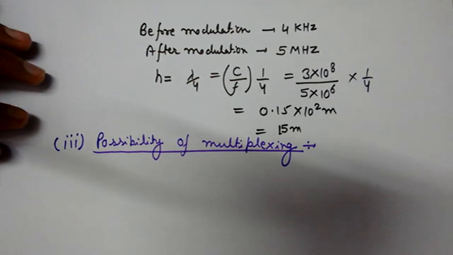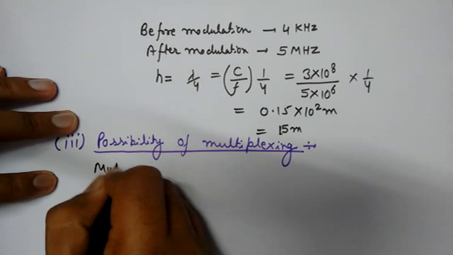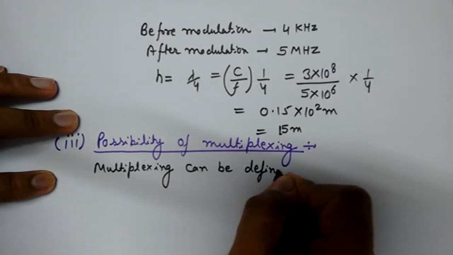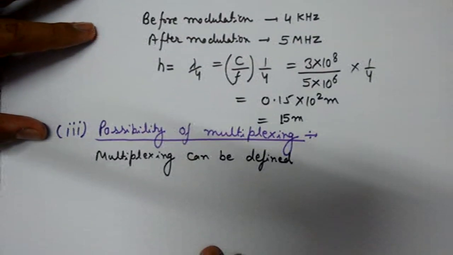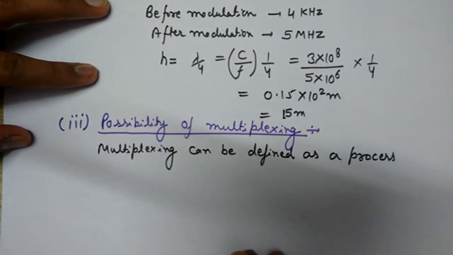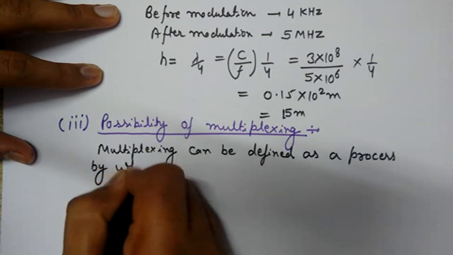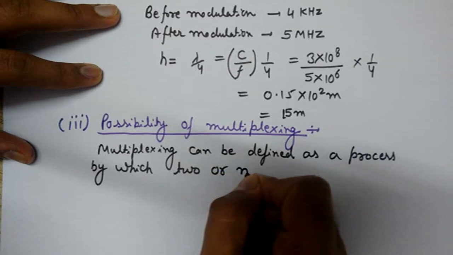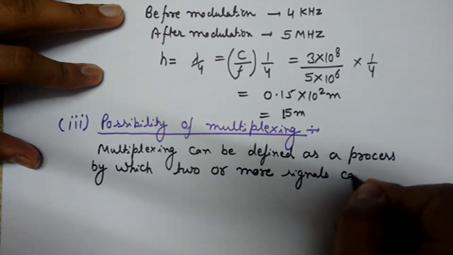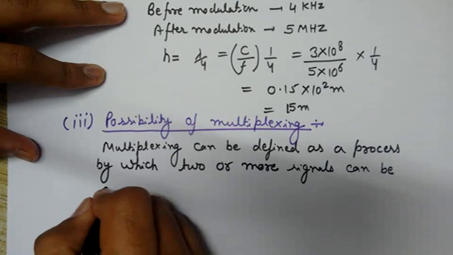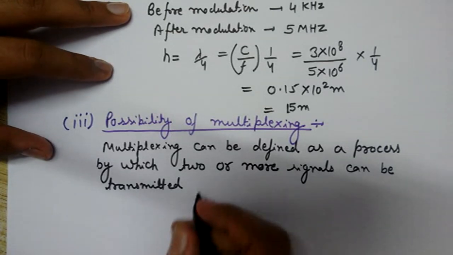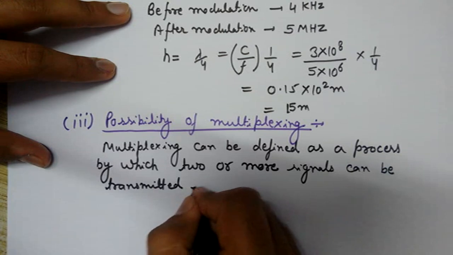Let me write it down. Multiplexing can be defined as a process by which two or more signals can be transmitted simultaneously over the same channel.